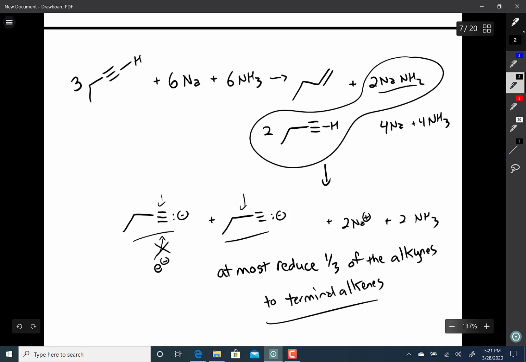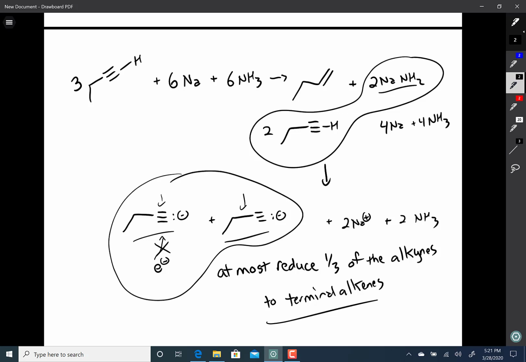The remaining 2/3 of the alkynes end up as carbanions and aren't reduced anymore, and so don't end up being converted.